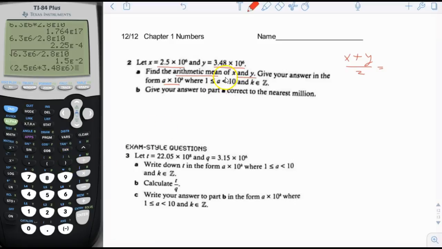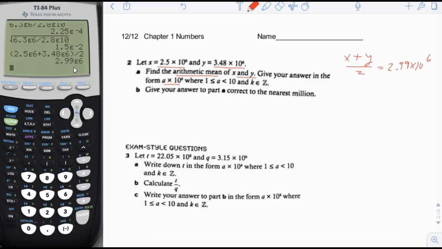Okay, and then we're going to, not multiply, we're going to add them. And then we're going to divide by 2. So we get 2.99 times 10 to the 6th.